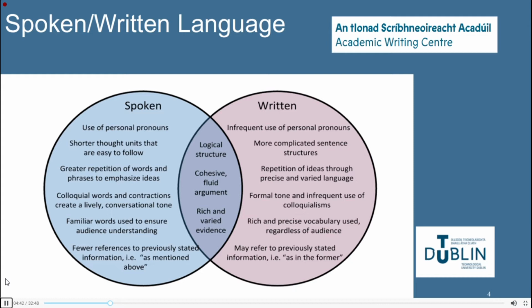So this gives us a framework as to the language used in spoken and written communication, the commonalities between these two worlds, and the features of the spoken and written language.